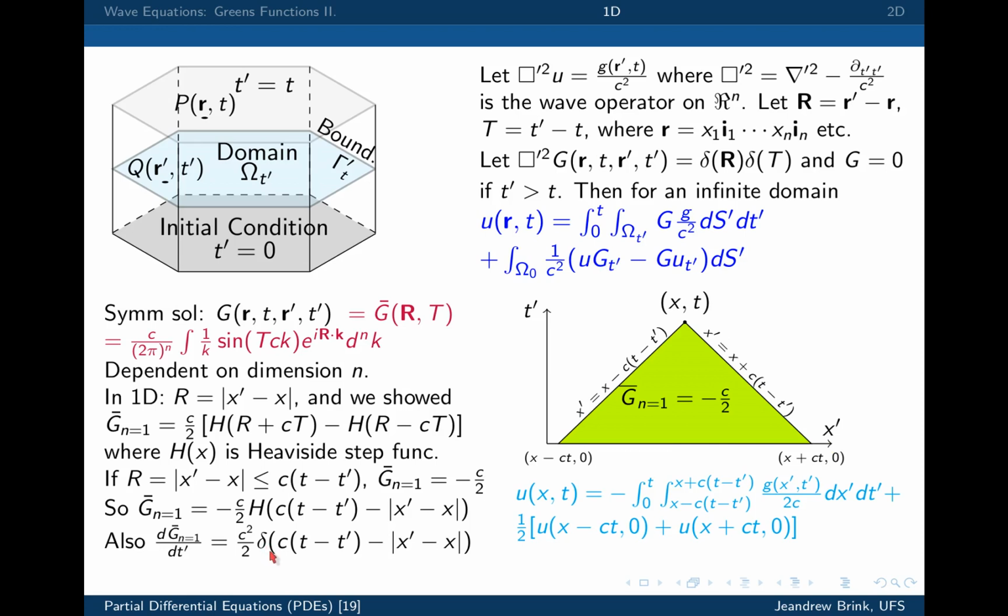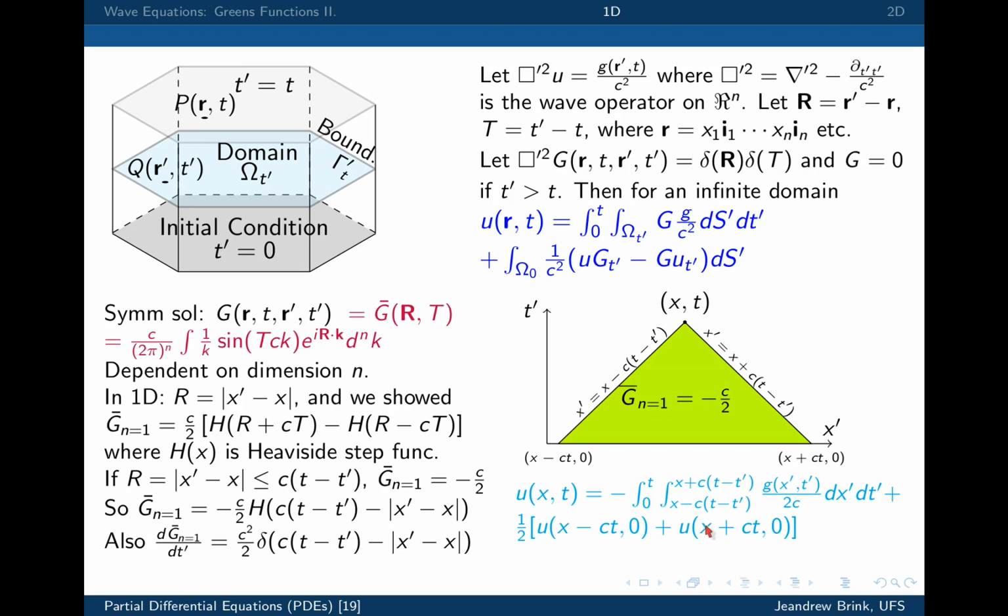Okay, so it is simply u evaluated at the 2 points in which this argument is exactly 0. And that argument is exactly 0 when x prime is equal to x minus ct and when x prime is equal to x plus ct.